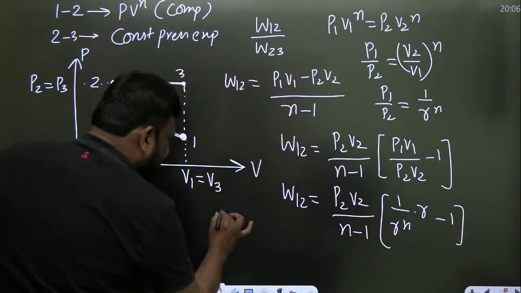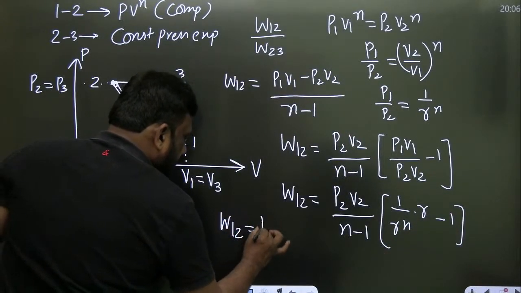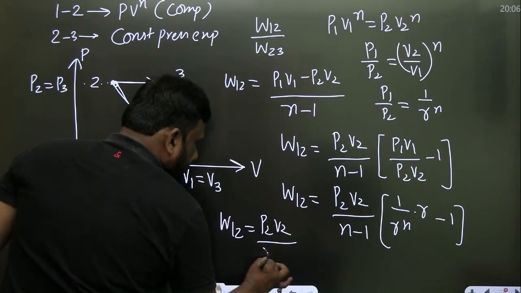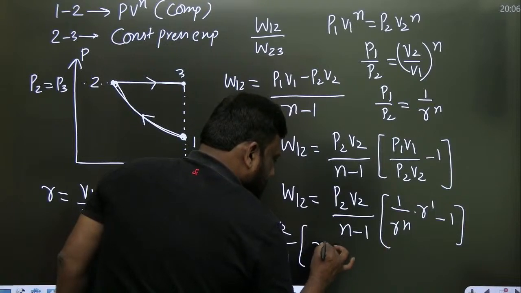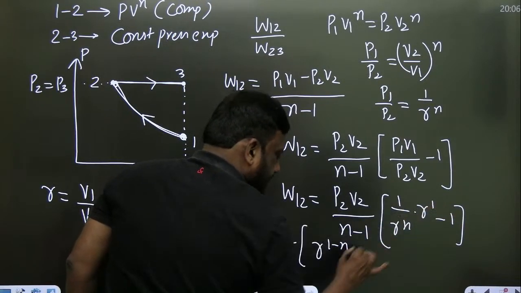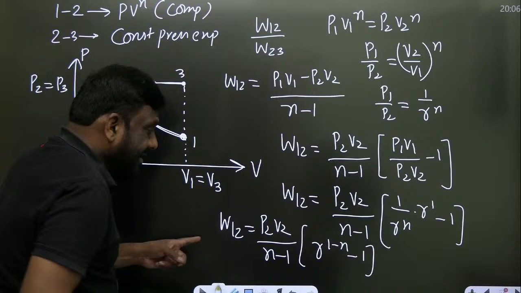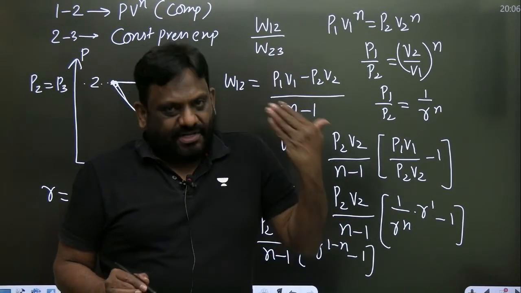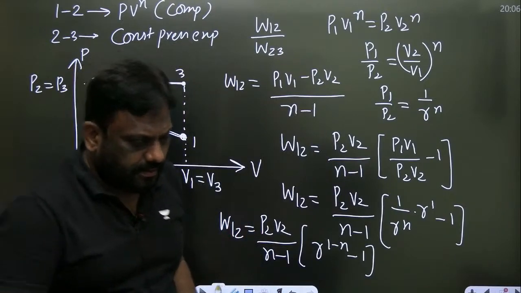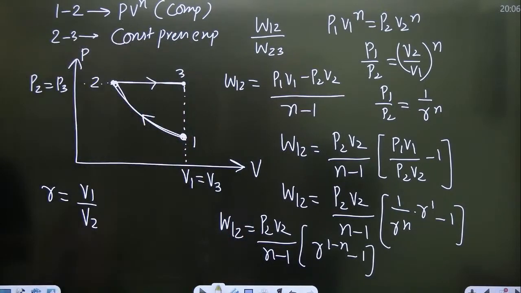So I will write this work for 1 to 2 as P2 V2 by n minus 1 into, so this is power 1, so I will write this as R power 1 minus n, minus 1. लेकिन ये वर्क नेगेटिव वर्क है सर. Why? Because it is compression work. Yes or no sirs? अरे यार मैं आपका ये देख रहा हूँ, कहाँ गया रे, गया रे.